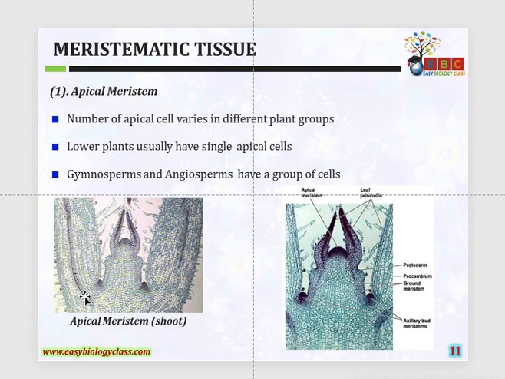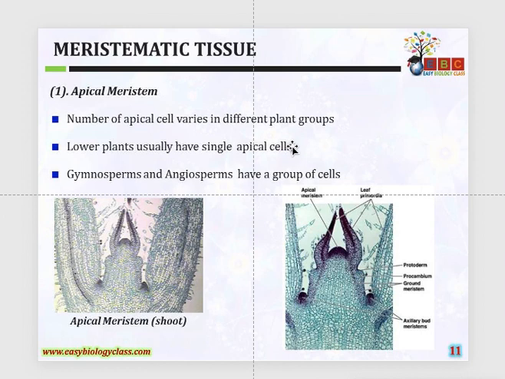The number of apical cells can change. In lower plants, for example bryophytes and pteridophytes, you have only one single apical cell. I think you have studied this when you studied the development of archegonia or antheridia.